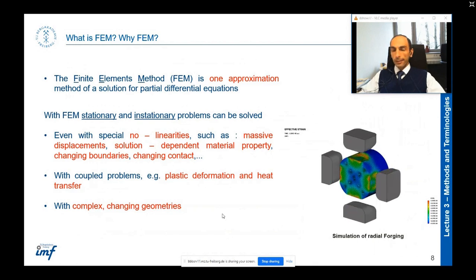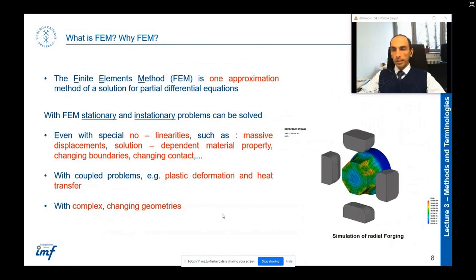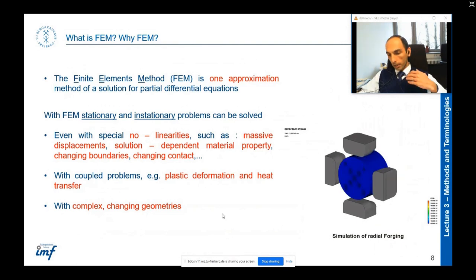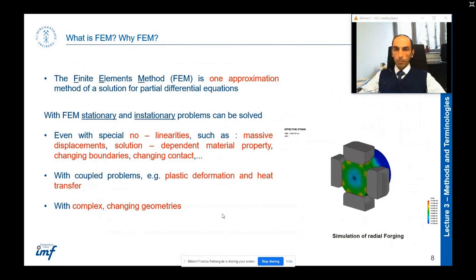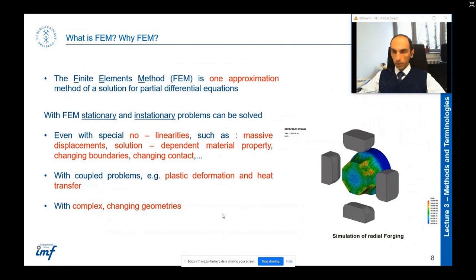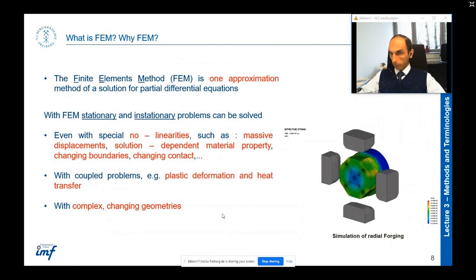But if you set up your simulation well, model it well, and run it well, then you can minimize this error and obtain a much more acceptable result compared to analytical solutions. Because, as I said, in the analytical case you should make the model really simple, which in many cases is far from reality.